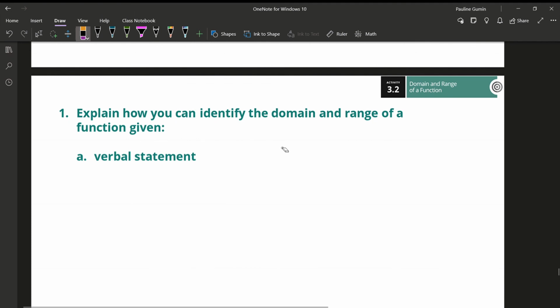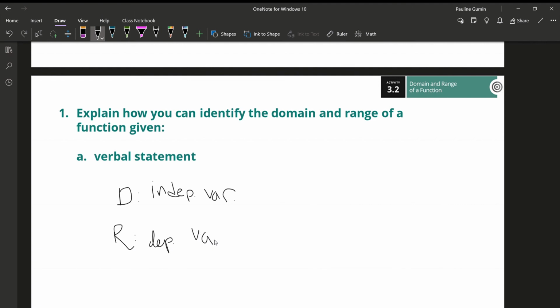We can look at the domain and range of a function. The verbal statement would be domain is the independent variables. And for the range, dependent variables.